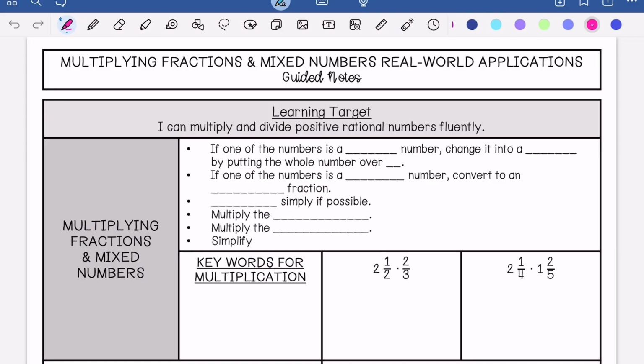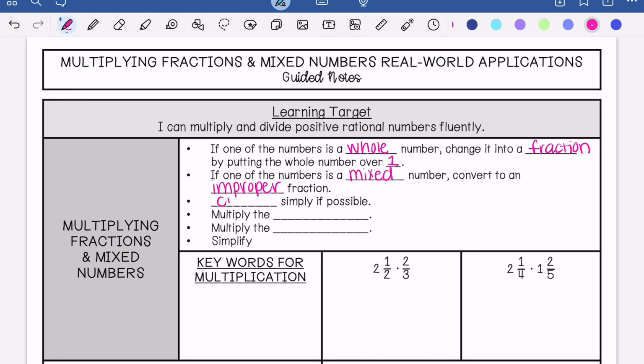If one of the numbers is a whole number, you are going to change it into a fraction by putting that number over 1. If one of the numbers is a mixed number, you are going to convert it to an improper fraction.